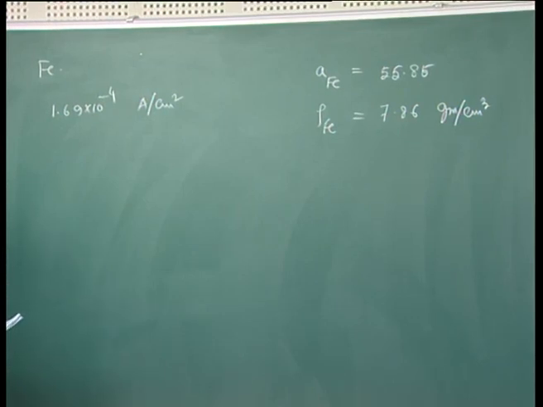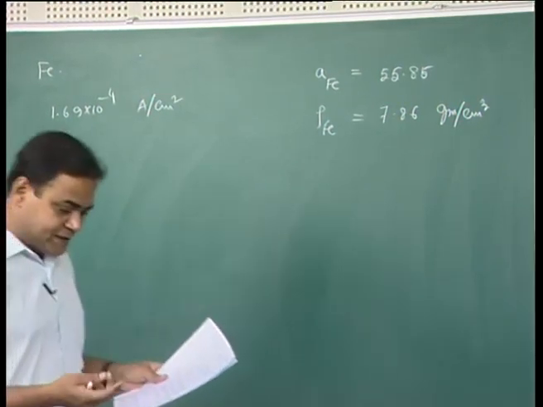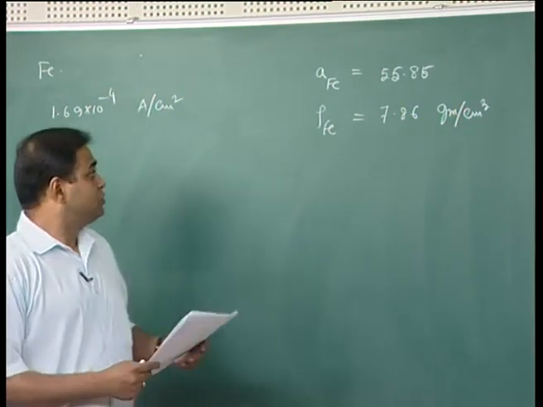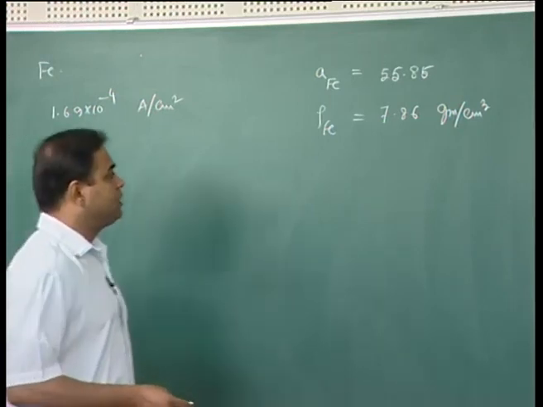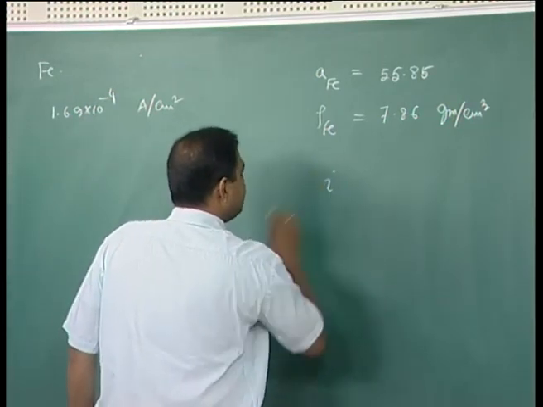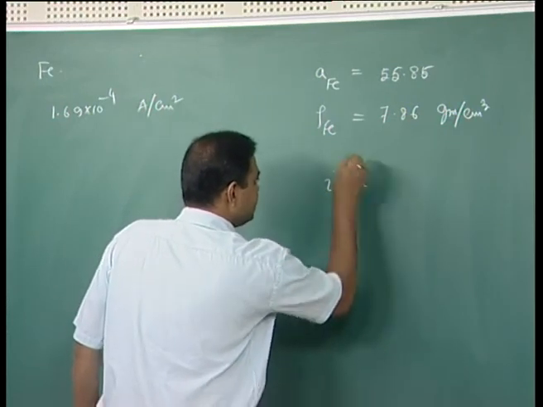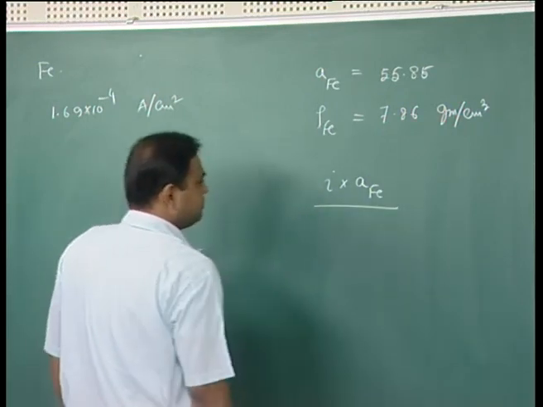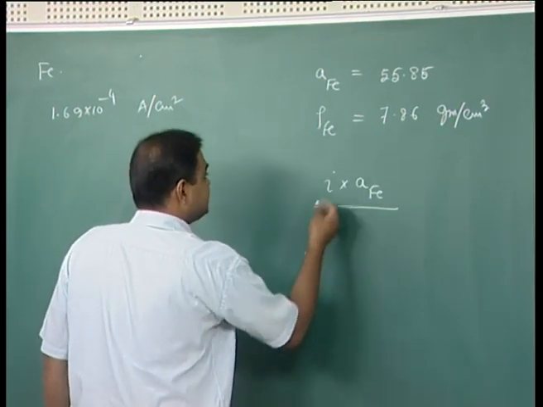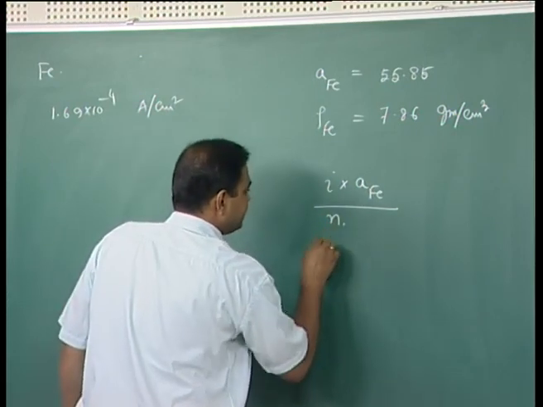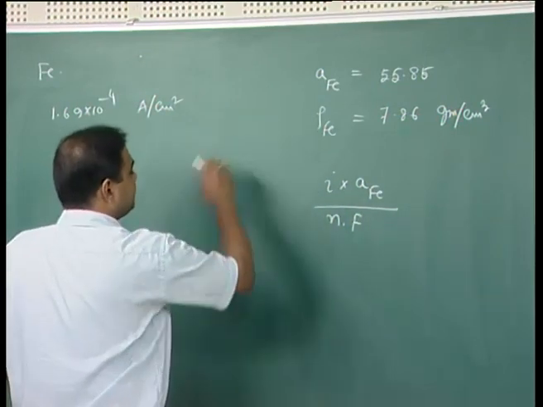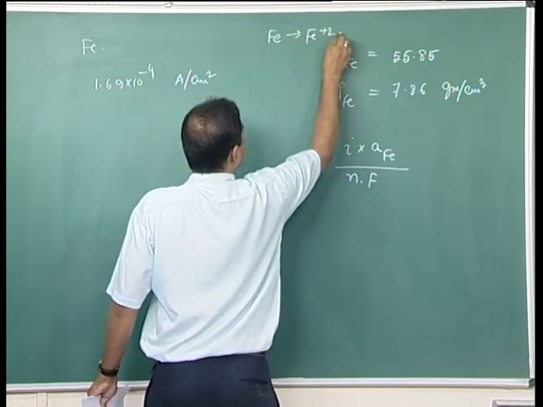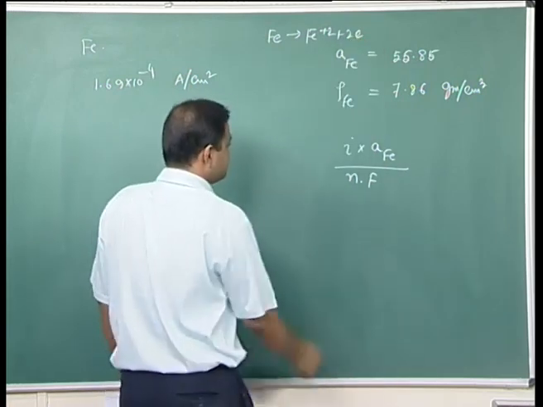Now, in case of MPY, the unit is milli-inch per year. So, now we have to use the formula: i into atomic weight of iron, divided by n F. In this case, the corrosion is taking place in this mode, so n is 2.